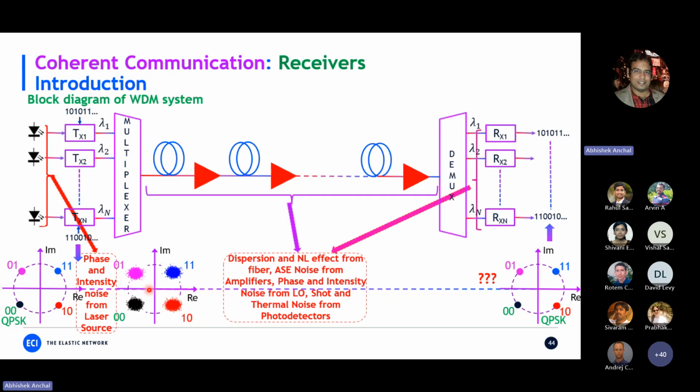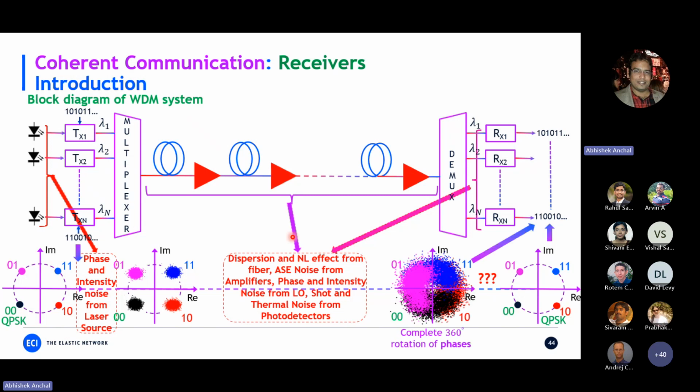And when even these noisy symbols are transmitted through the optical link, dispersion, nonlinearity, and different kinds of other noises, from ASE noise from the amplifier, the phase and intensity noise from the local oscillator at the receiver, or the shot and thermal noise from the photodetector, etc., all take place in the signal and corrupt it, which causes the symbols in the constellation diagram to look like this. This means the phase and intensity of the constellation are completely distorted, and sometimes it even causes a complete 360-degree phase rotation, and the intensity also becomes very noisy.